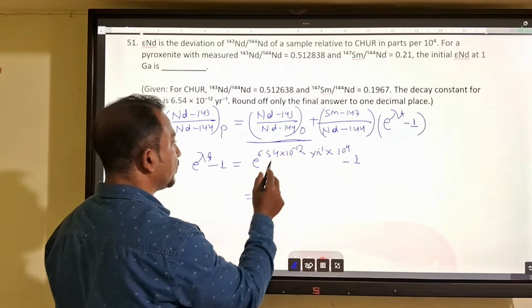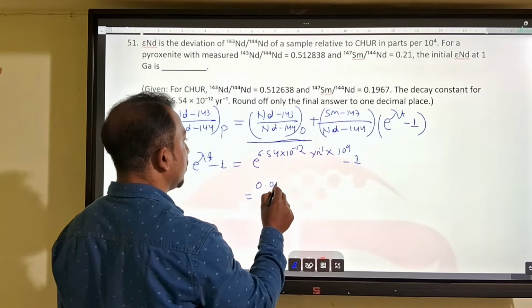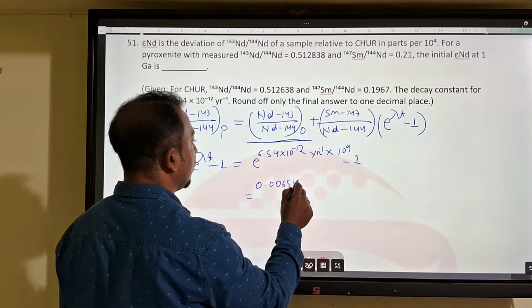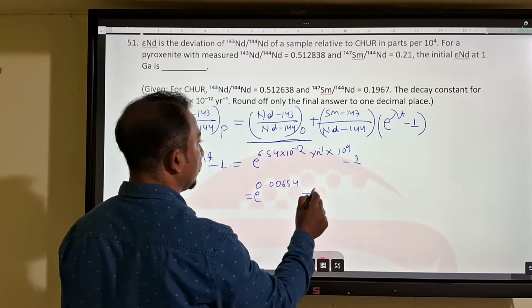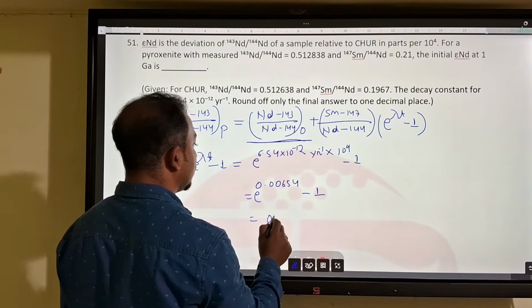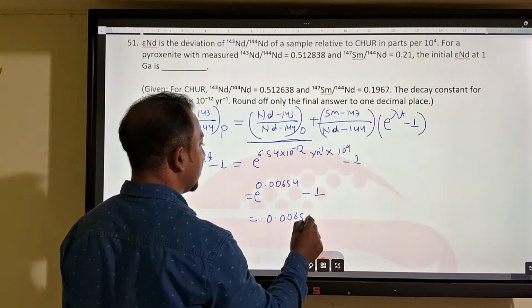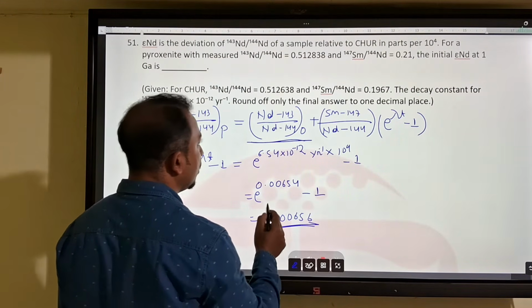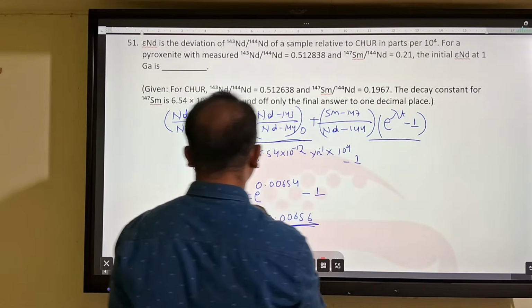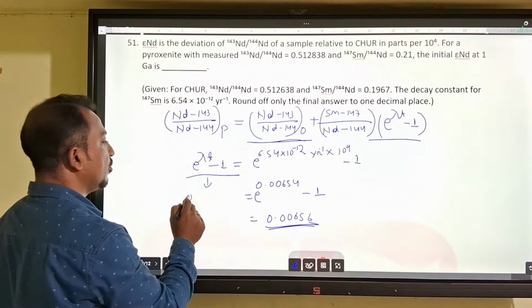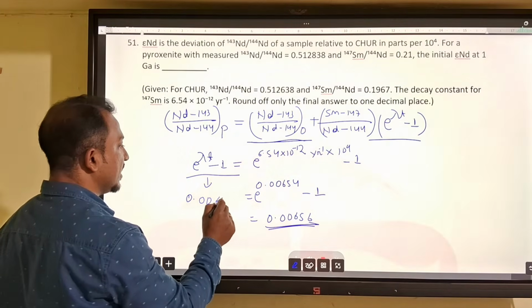So it will be 0.00656. So the value of e to the power lambda t minus 1 is 0.00656.